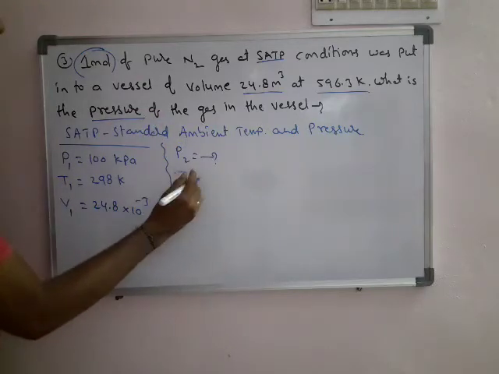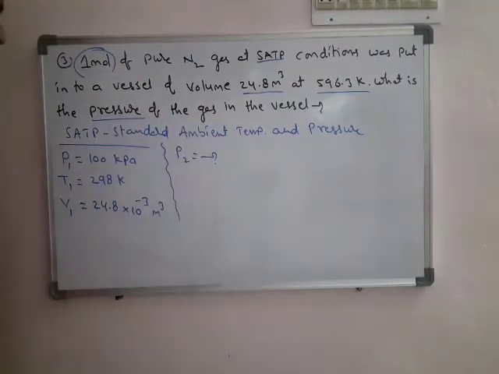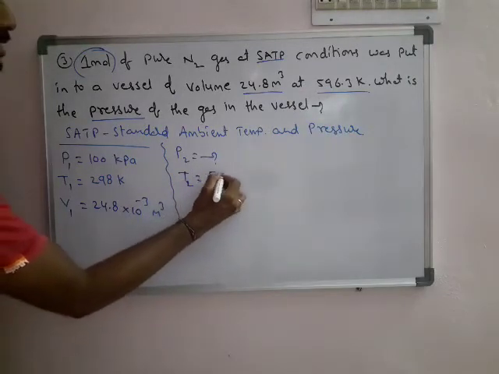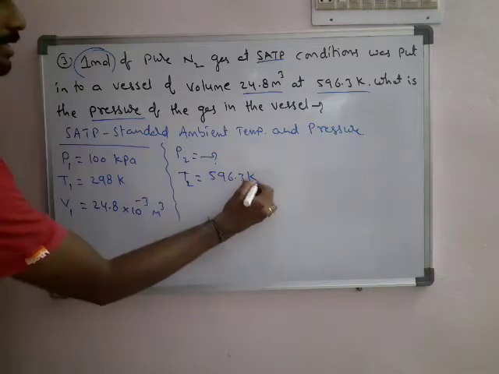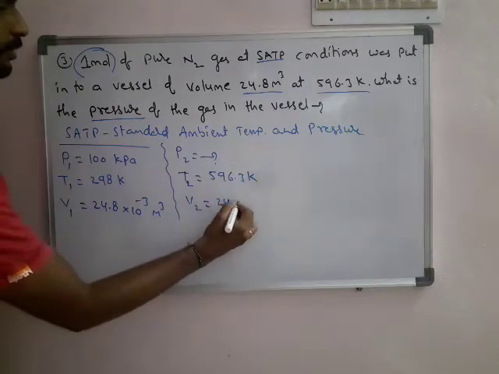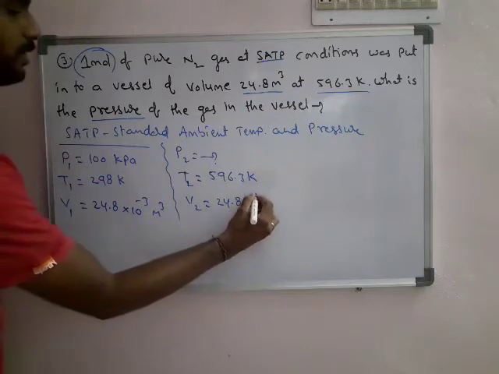So what is T2? It is given as 596.3 Kelvin. So what is V2? 24.8 meter cube.